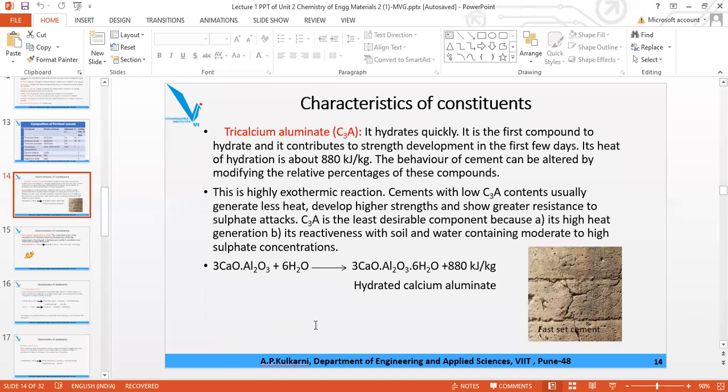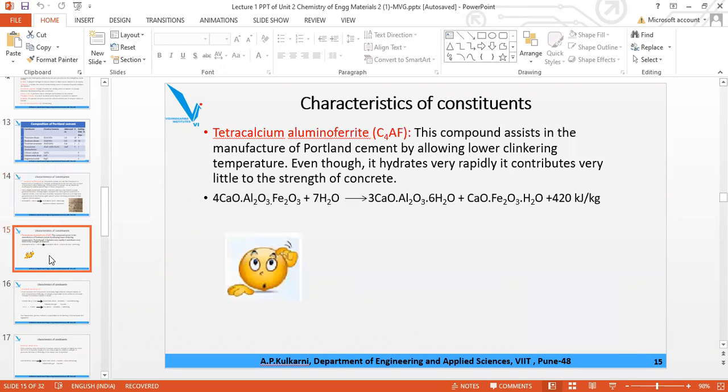Have you learned it? In the exam, the short form or abbreviation may be asked. So what is the abbreviation here? C3A plus 6H2O giving you C3A·6H2O plus 880 kilojoule per kg.